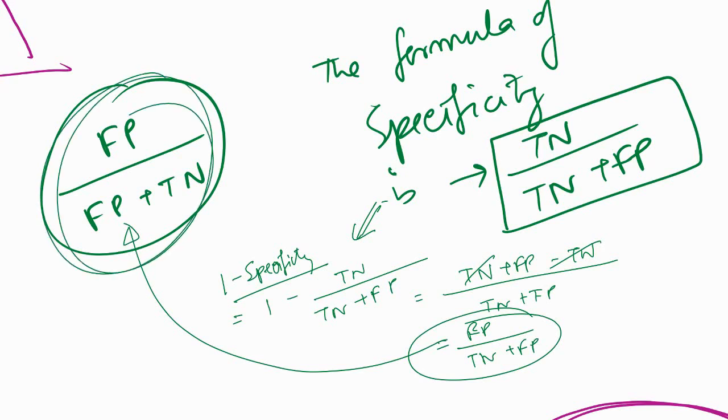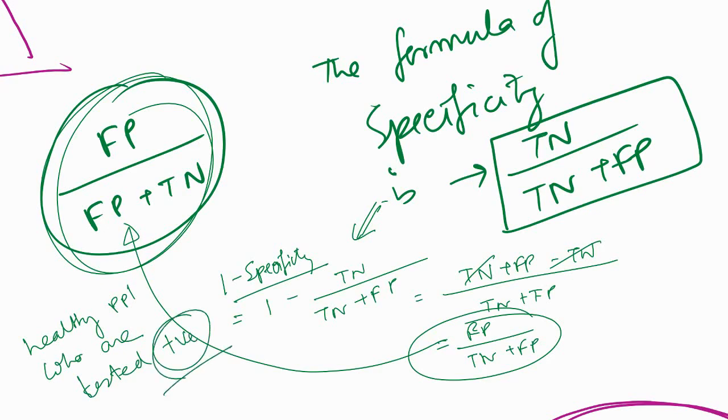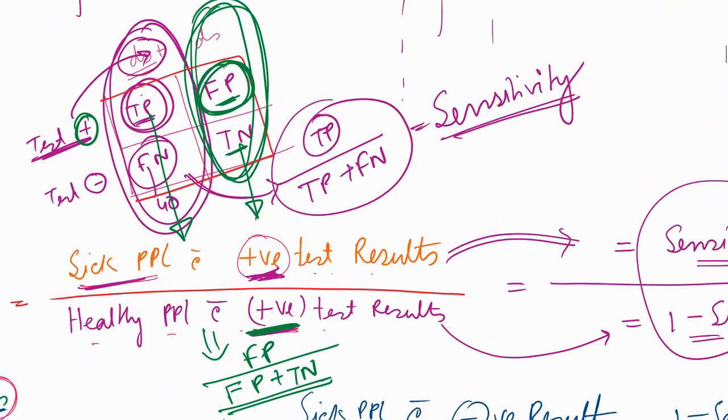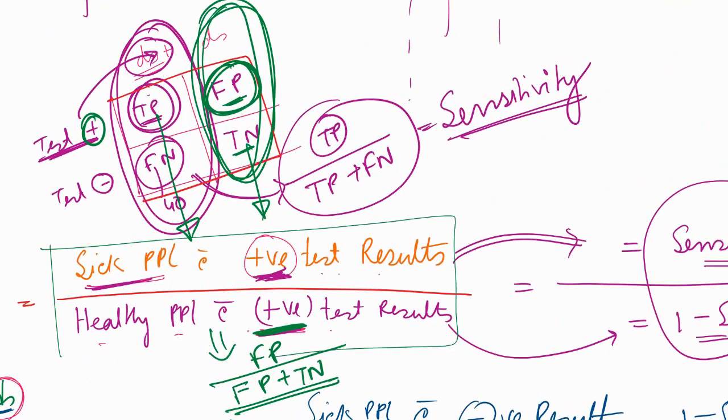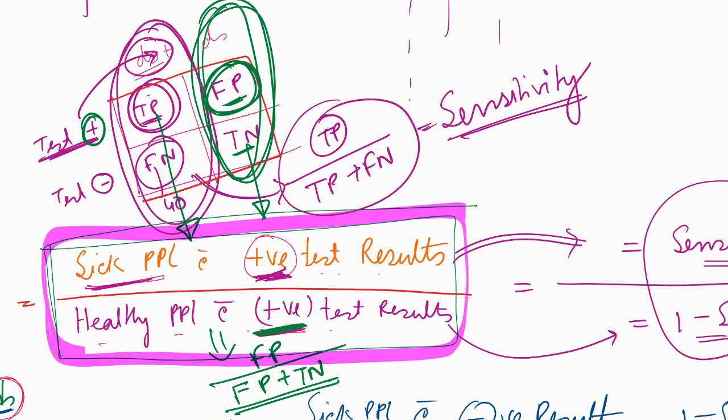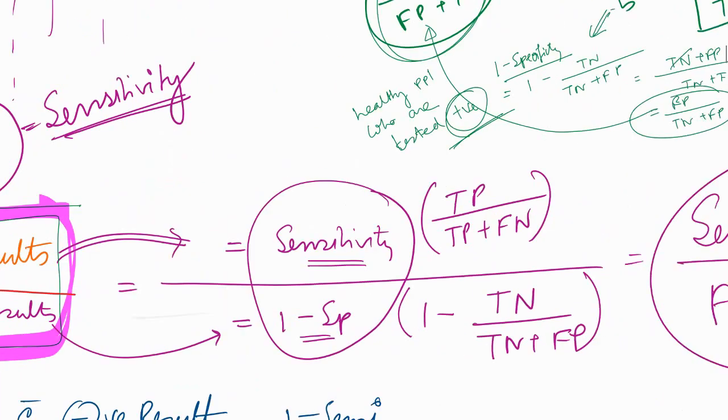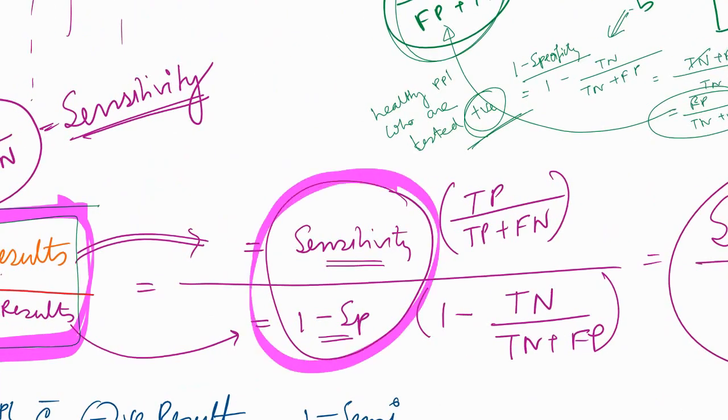That is the ratio of healthy people who are tested positive. And the ratio between these two is called the likelihood ratio. That's why the positive likelihood ratio is sensitivity by 1 minus specificity.